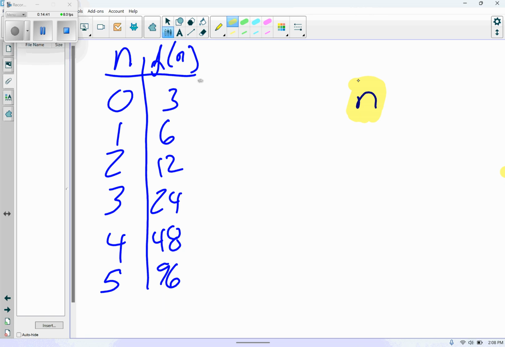Okay, so let's see. Can we start with, what about if I do this? Let's walk back here. If I plug 0 in for N, I get 0 plus 3, which is 3. Hey, that worked there. Agree? Okay. So I'm going to put a check mark right here.